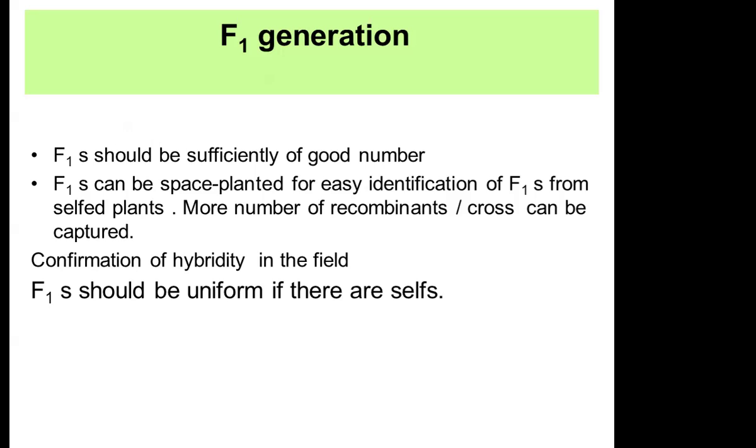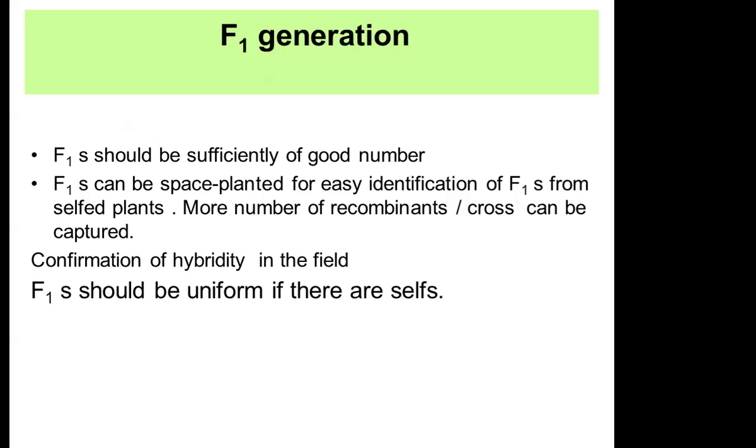Generally we assume that F1s are uniform. But if adequate care is not taken at the time of making crosses, we may end up with selfs also sometimes. And it is actually crucial.